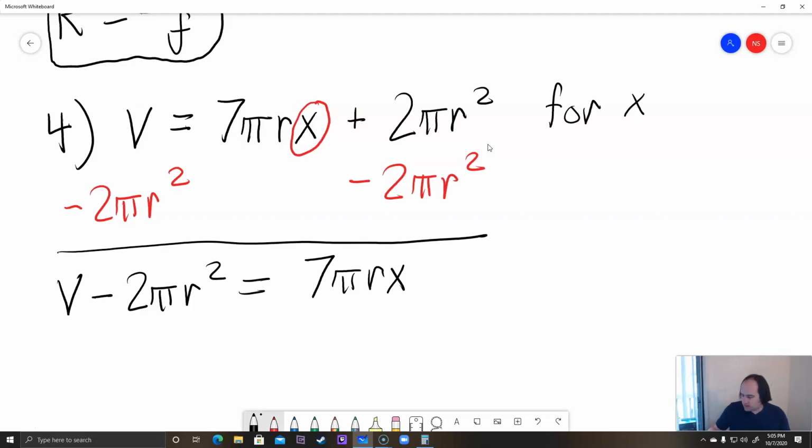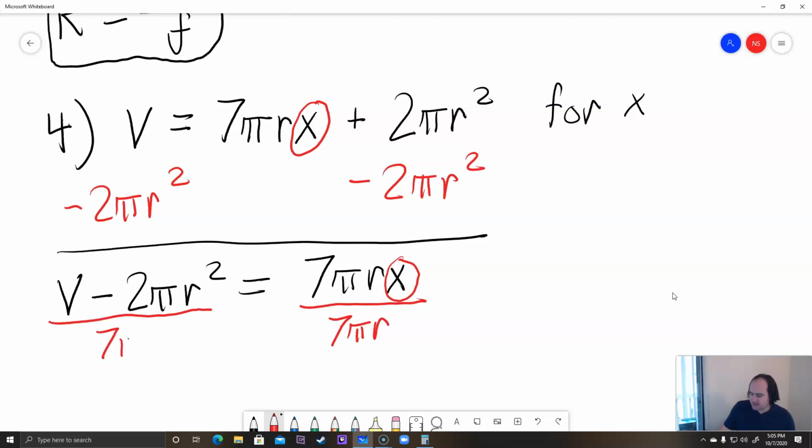So what we're trying to isolate here is x. On the right side, we need to get rid of the 7 pi r, and that's 7 pi r times x. So the opposite of multiplying by 7 pi r is dividing by 7 pi r. So we're going to divide both sides by 7 pi r.